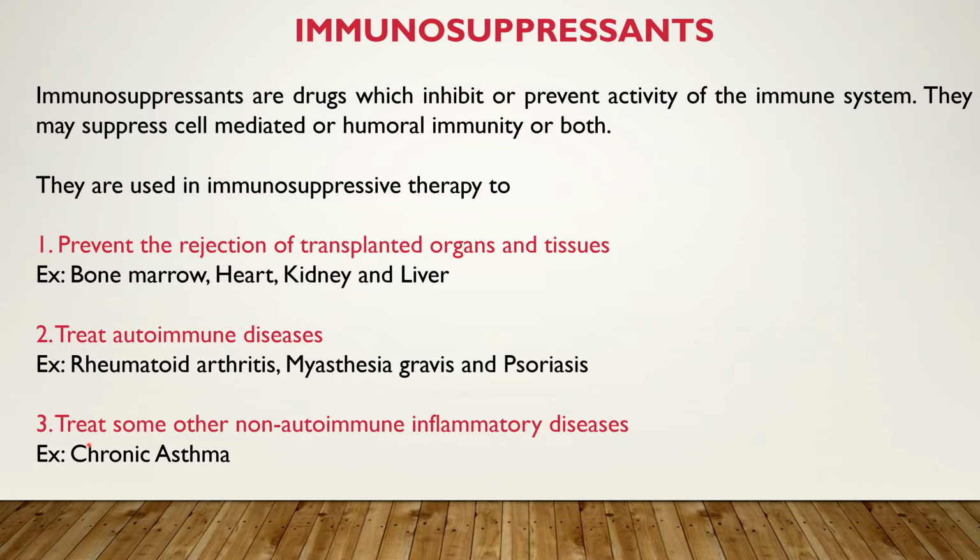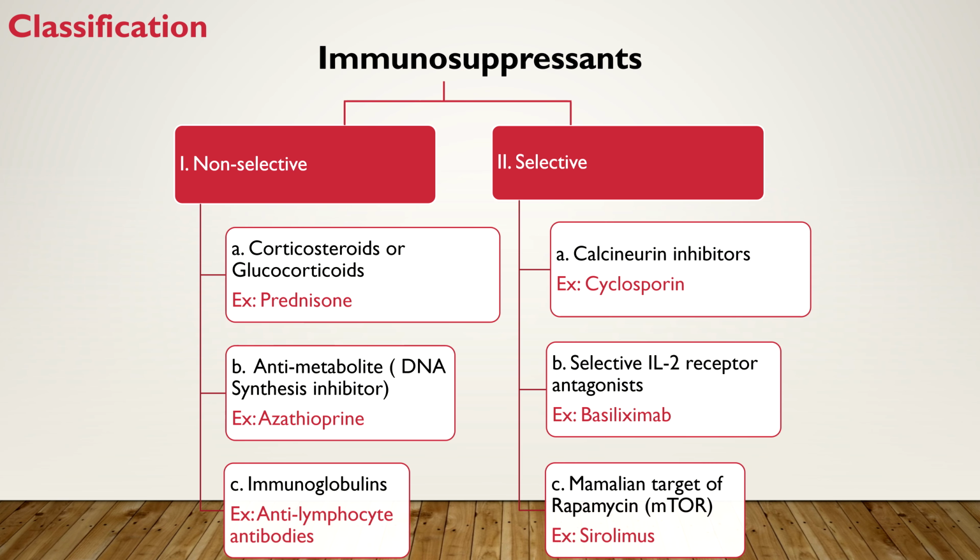Not only to prevent the rejection of transplanted organs and tissues and to treat autoimmune diseases, we also use the immunosuppressants to treat non-autoimmune inflammatory diseases. An example for non-autoimmune inflammatory diseases is chronic asthma. Classification.